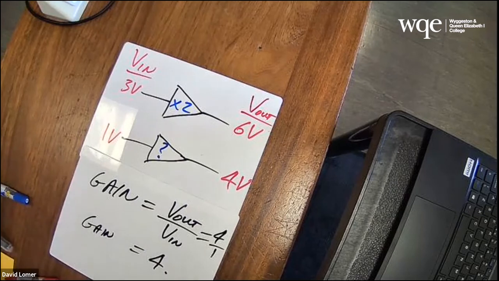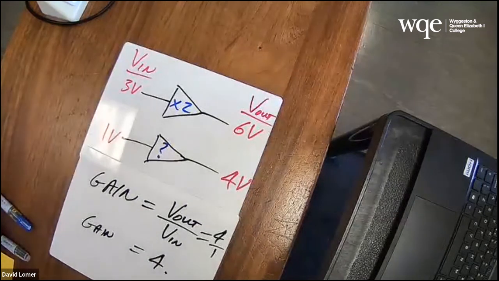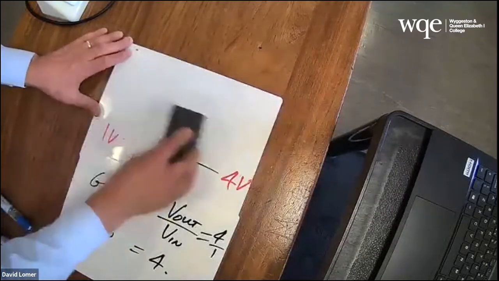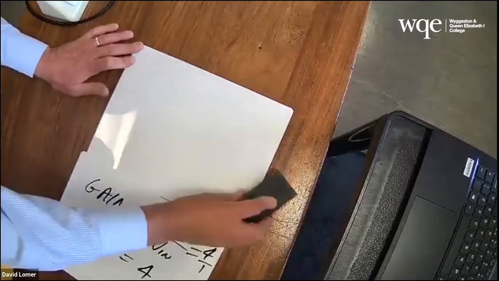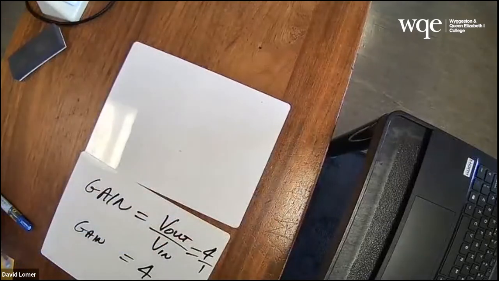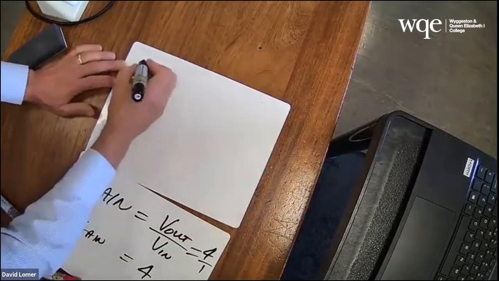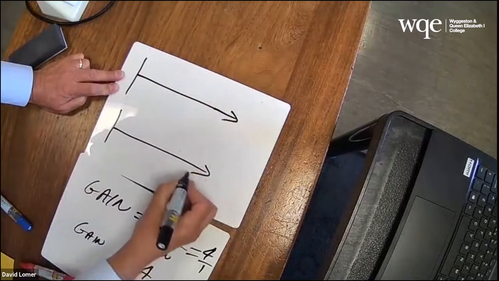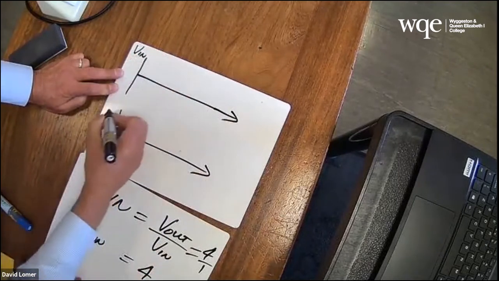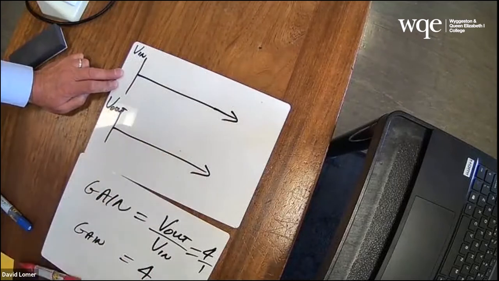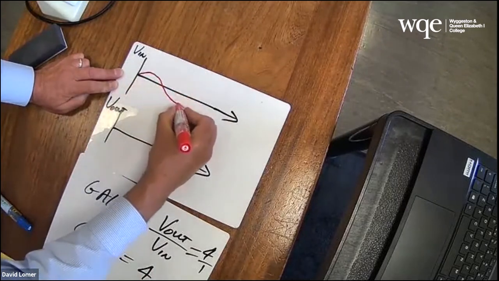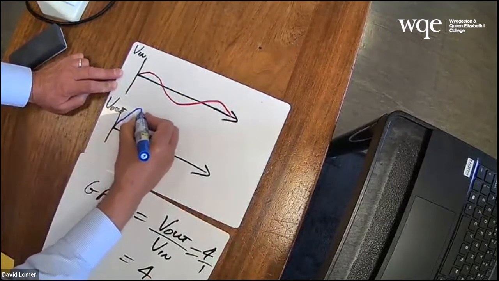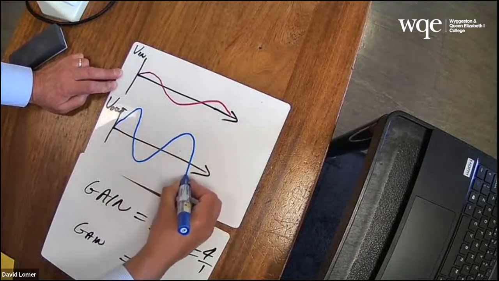Now that's easy to do if you've got fixed voltages, but these systems are also used for audio signals and waveforms. So if we have V in there and V out there, we might have a waveform that does that, and the output will be an enlarged version, like that.